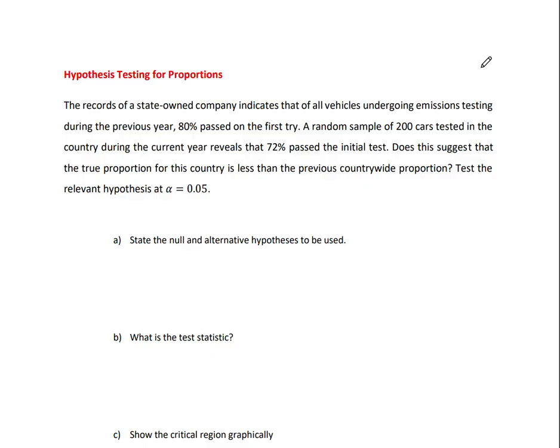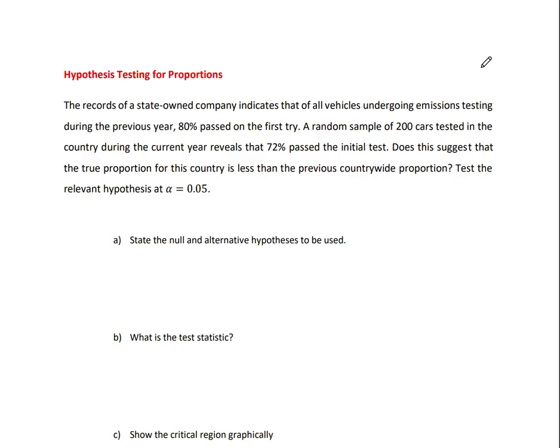Generally, we use hypothesis testing for single proportions when we want to test to see if there has been any change to an established claim or an established percentage relating to the population from which a sample has been drawn. In this particular case, the established percentage that is being challenged is that the emissions testing during the previous year suggested that 80% of vehicles passed on first try.